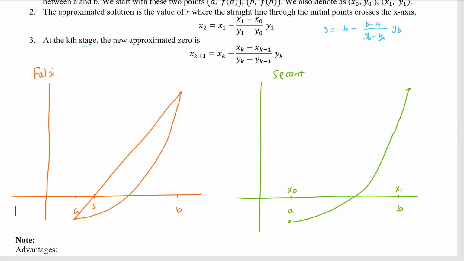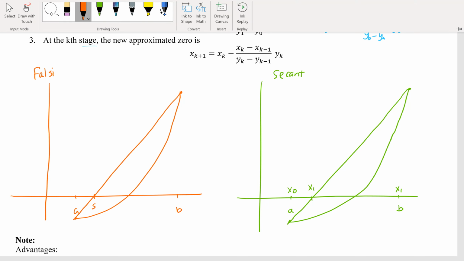And then we draw the line connecting those 2 points, and we call this x2. So the first step, you will see the values are going to be the same, because we're using the same line to cross the x-axis. Let's look at the second step.